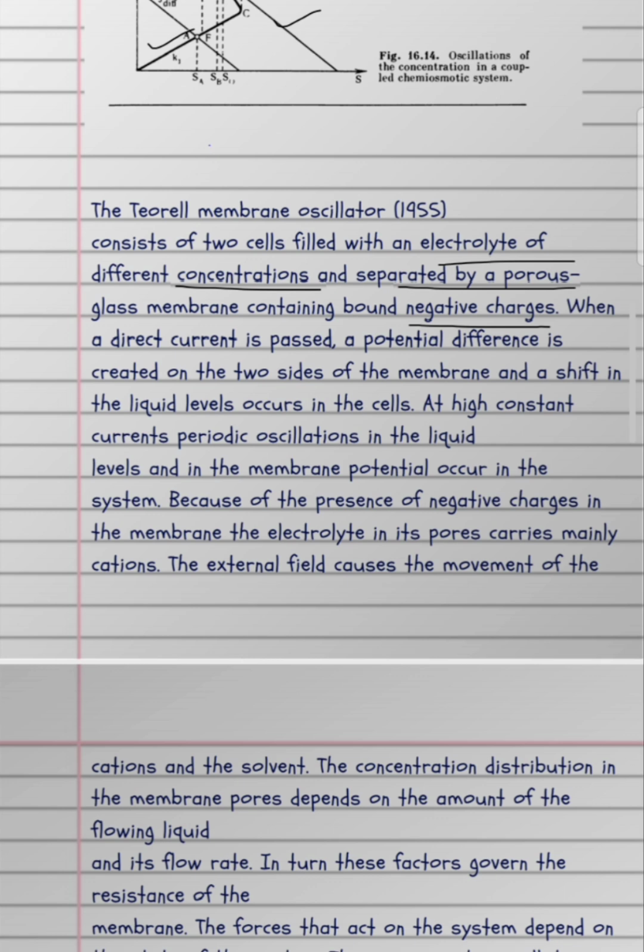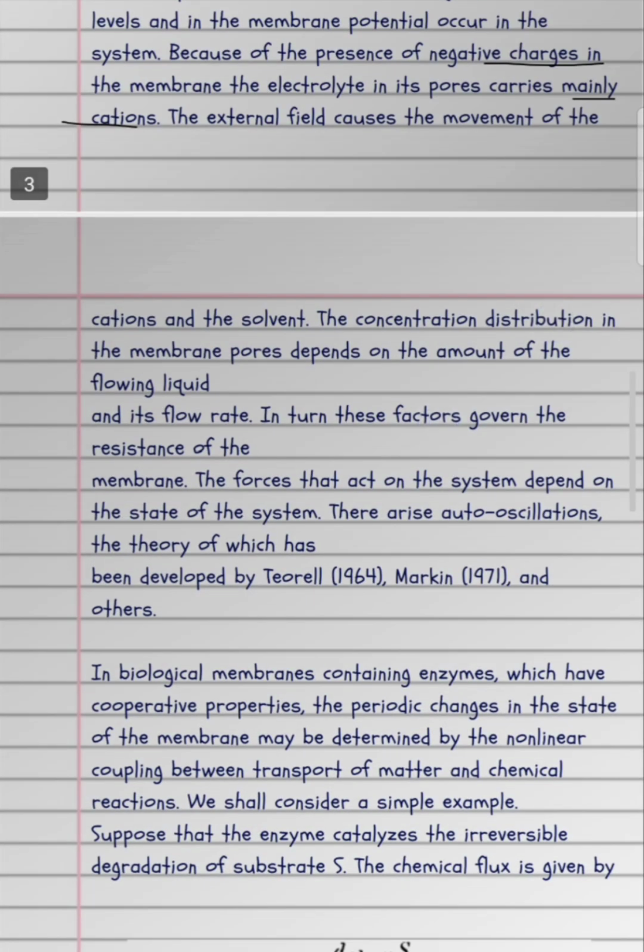Because of the presence of negative charges in the membrane, the electrolyte in its pores carries mainly cations. The external field causes the movement of the cations and the solvent. The concentration distribution in the membrane pores depends on the amount of flowing liquid and its flow routes.